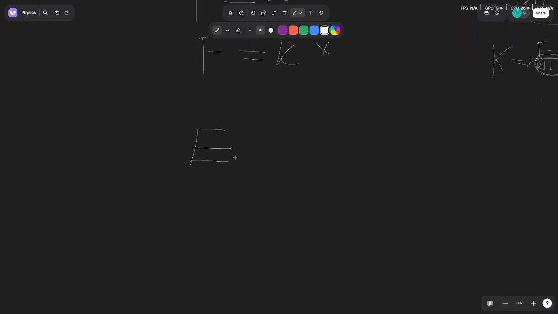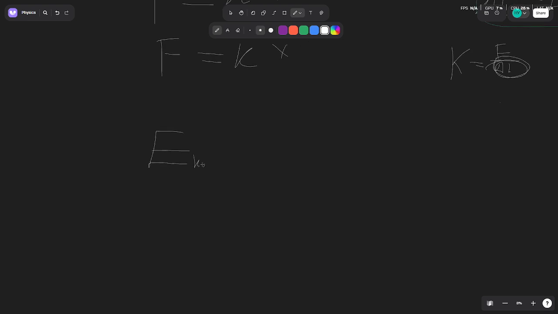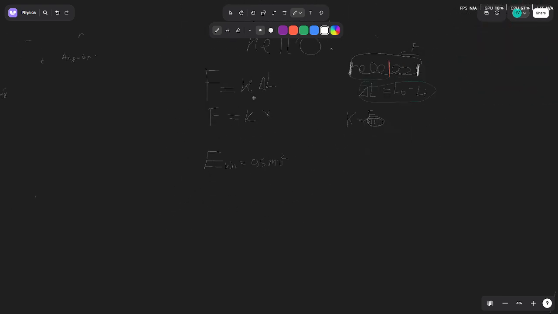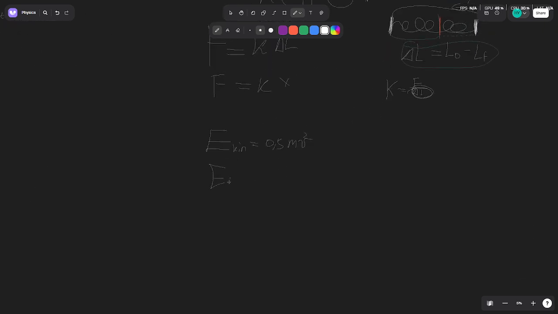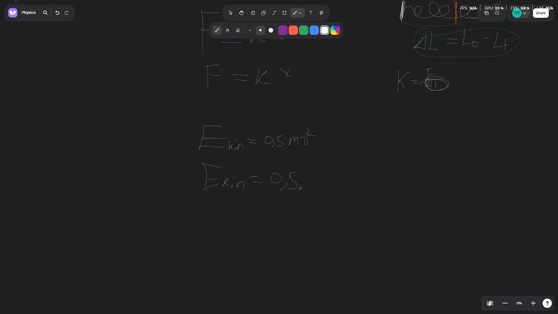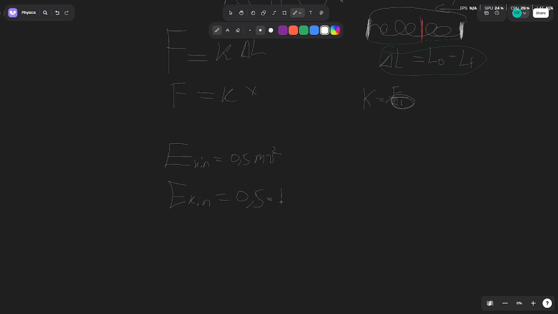We know that the formula of kinetic energy is 0.5 times mass times velocity squared. But in case of springs, to find the energy, this is 0.5 times K times delta L squared.